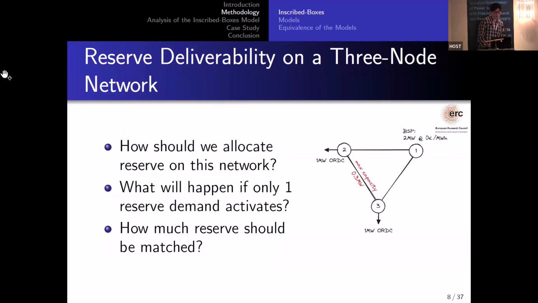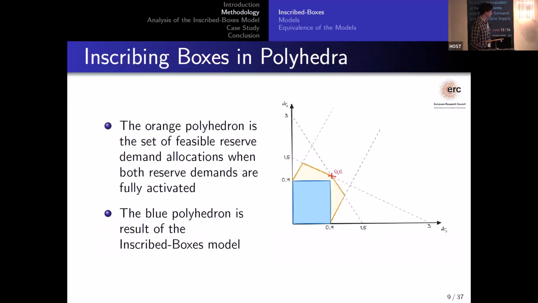So to give you a more illustrative example of how our model does what we just described, I have these figures here. The orange polyhedron is the set of feasible reserve demand allocations when both reserve demands are fully activated.